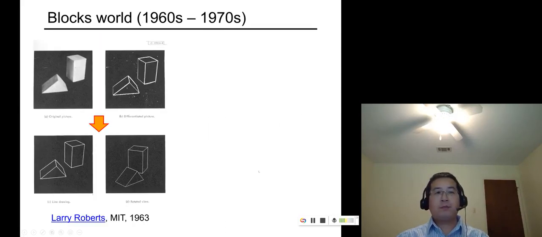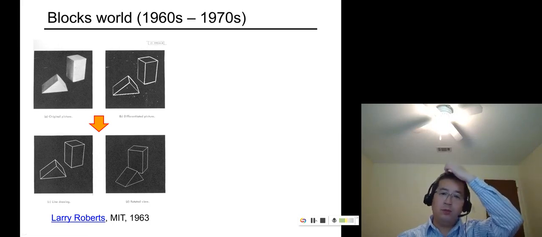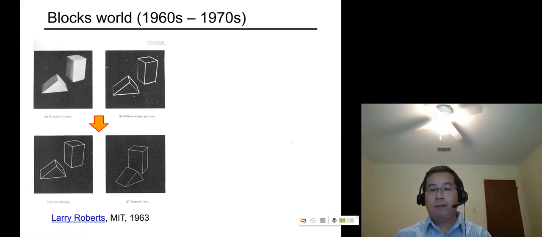Okay, and also during that time computer vision became popular, and people wanted machines to understand the world, meaning make machines see. We say make a machine think, walk, sing, talk as well, think. So for example, at that time people just used the blocks world.